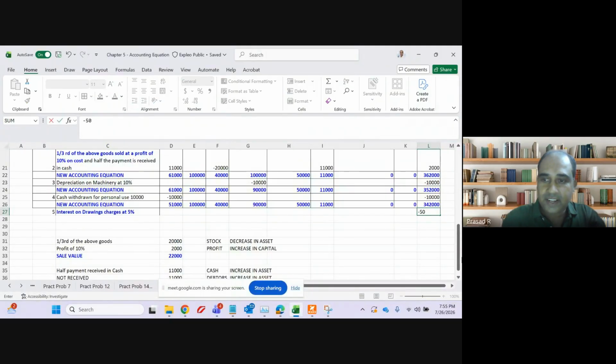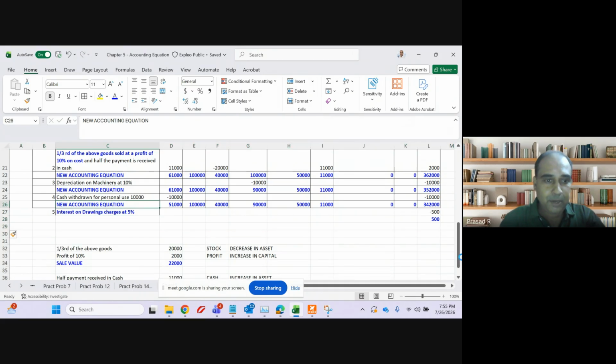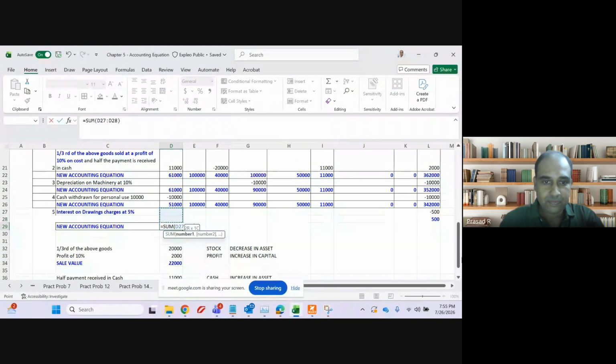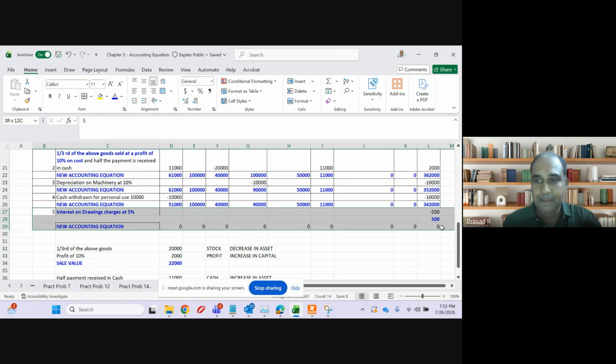Minus 500 in capital and plus 500 in capital. Capital will not change. It will remain the same, but we have to show a plus and minus. Clear, guys? Interest on drawing and interest on capital, both plus and minus in capital.